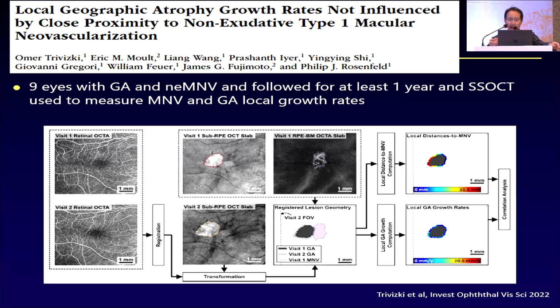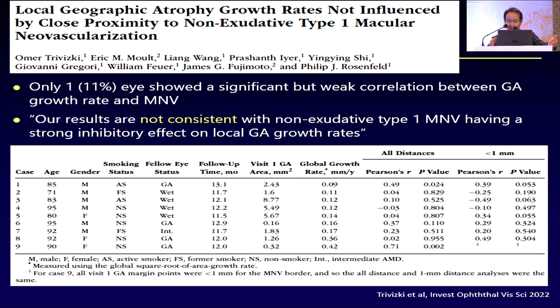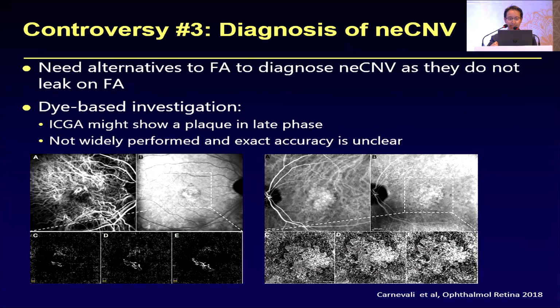They looked at 9 eyes with geographic atrophy and non-exudative MNVs, followed for at least 1 year, and measured the growth of both the MNV and the geographic atrophy. They did some correlation analysis, and only one eye showed a significant but rather weak correlation between the GA growth rate and the MNV. They concluded that the results are not consistent with a non-exudative type 1 MNV having a strong inhibitory effect on the local growth rate of the GA.